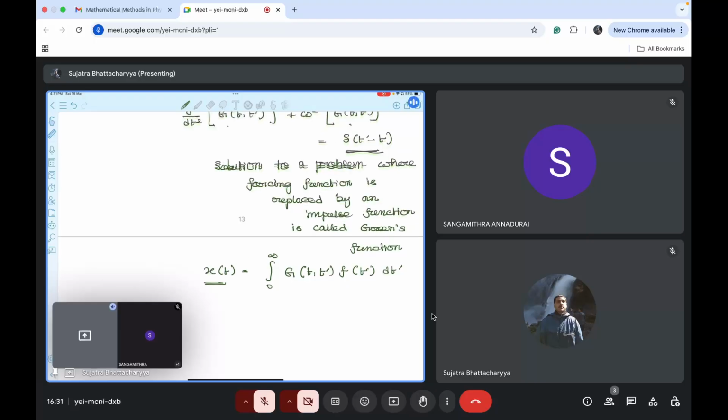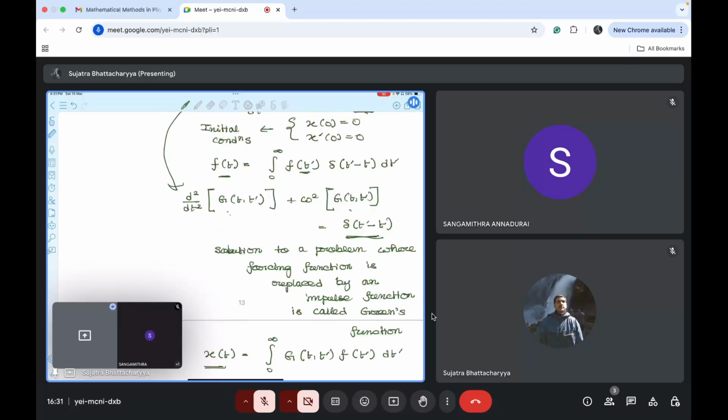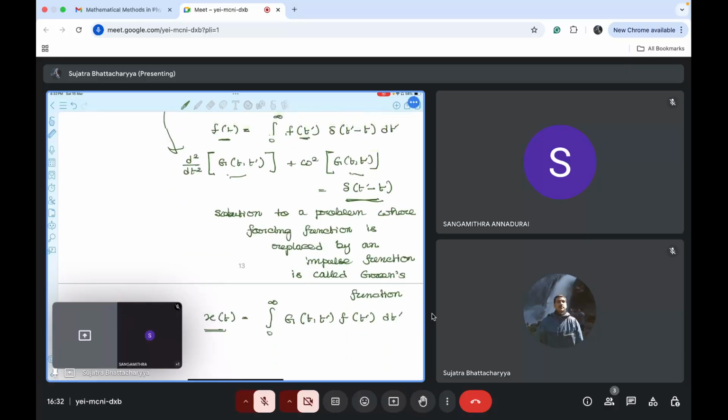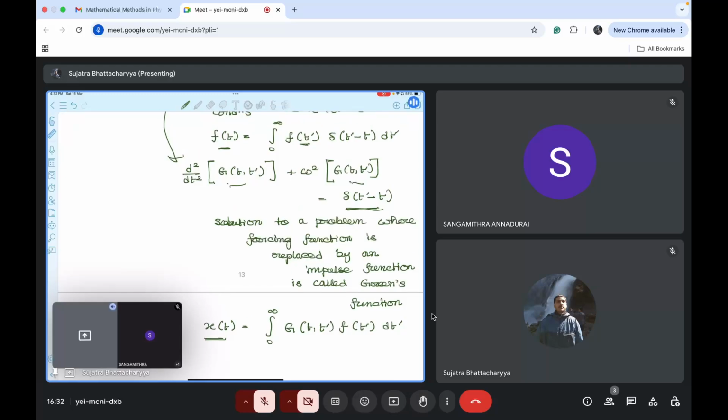Now, if you just put this integral over here, you will actually get the original equation. So what I am trying to say is, look at this equation. You multiply each of these equations with f of t dash, and then integrate from 0 to infinity.